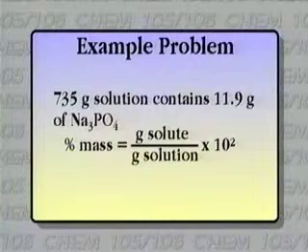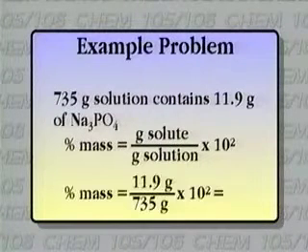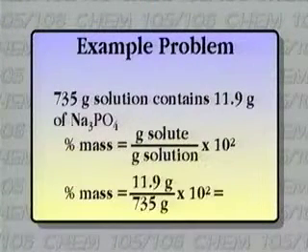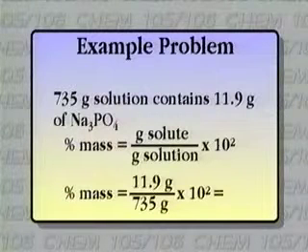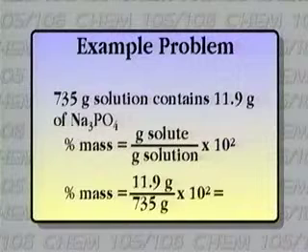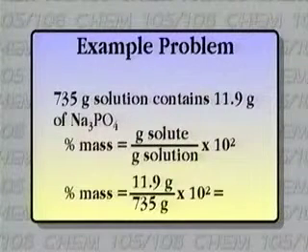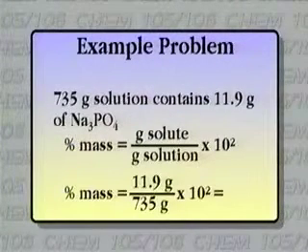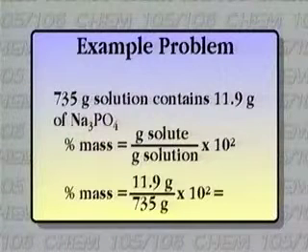So obviously, this is in the least amount. So we have 11.9 grams divided by 735 grams. Notice that's grams of solution, multiplied by 10 to the second.